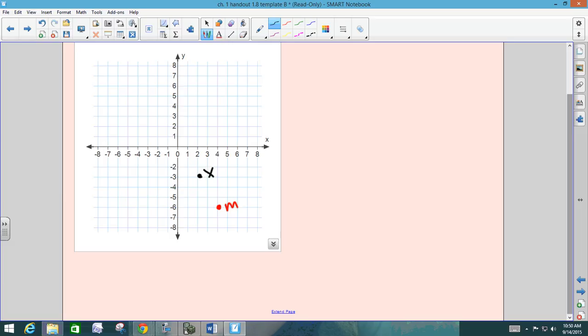You can't count diagonally, can you? Yes, you can use the slope. Because doesn't the distance from one endpoint to the midpoint match the other? Good. So count the slope. Do I run first or do we rise first? You rise first. In this case, we're going down. So you're going to go down 1, 2, 3, and then run 1, 2. Do the same thing. Down 1, 2, 3, and over 2. Hopefully, when you did it on your own, you got your Y value to be at 6, -9.